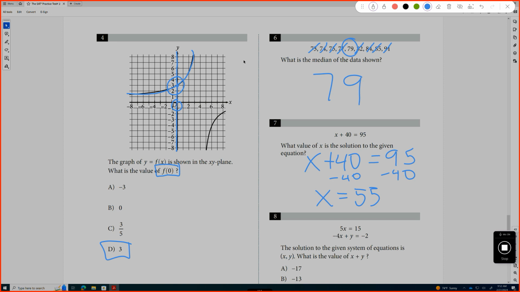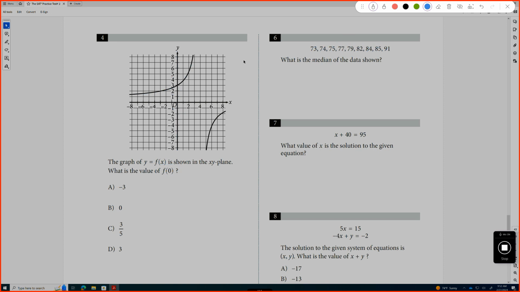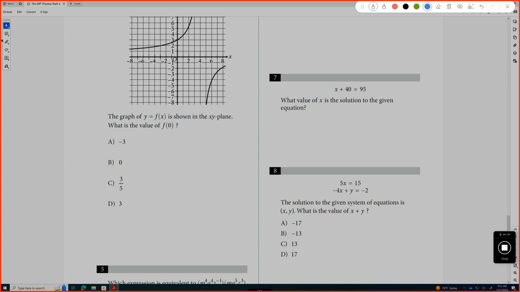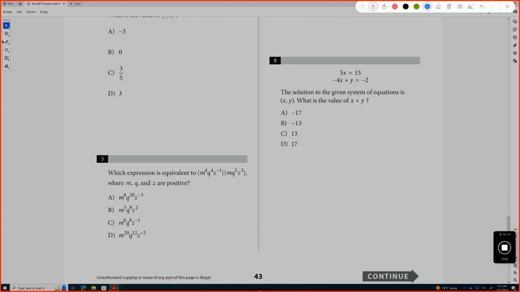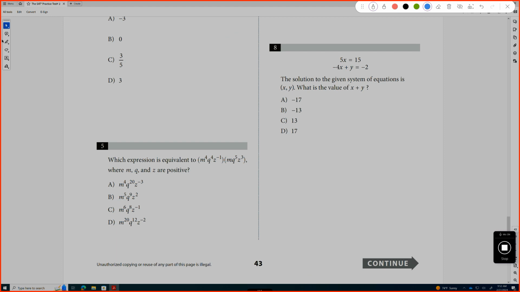Number 8. Then I'll do 5. 5x is equal to 15. So that means that x is equal to 3, because 3 times 5 is 15.